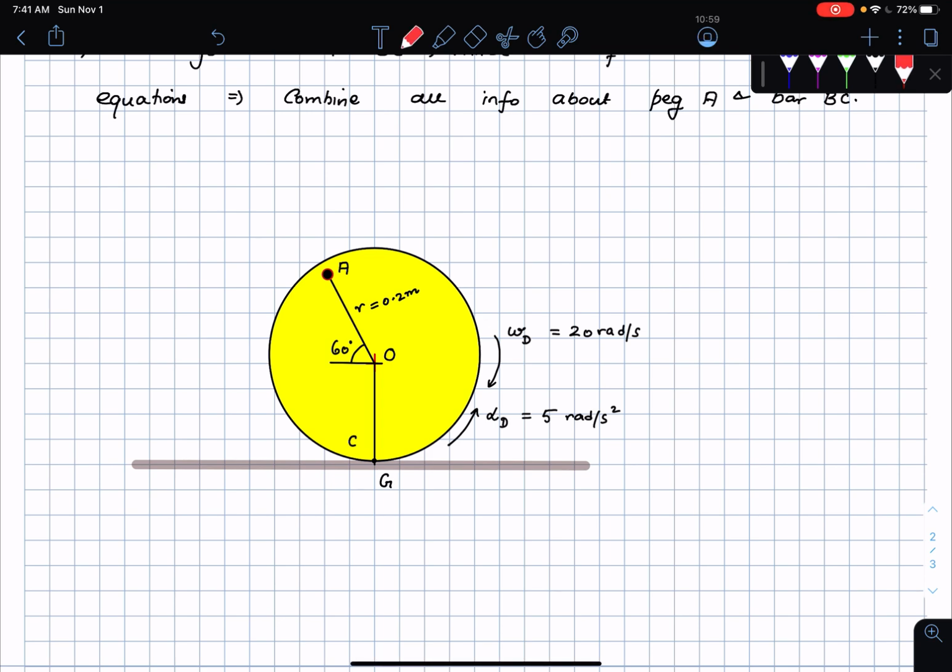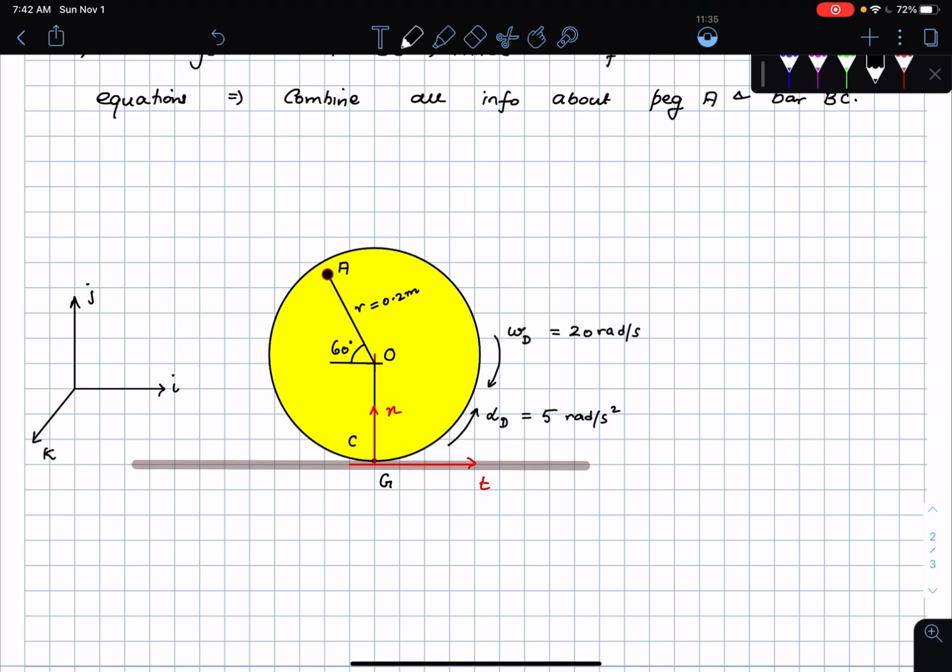This is going to be a tangential coordinate frame, tangent to the contact between the ground and the point C. I'm going to call it T, and then I'm going to have a normal direction, N, pointing this way. Then outside the frame of the problem, I'm going to have the IJK coordinate frame, with K coming out of the page.